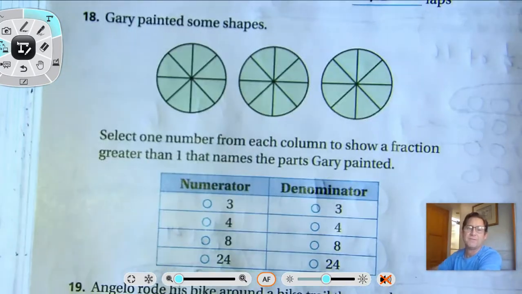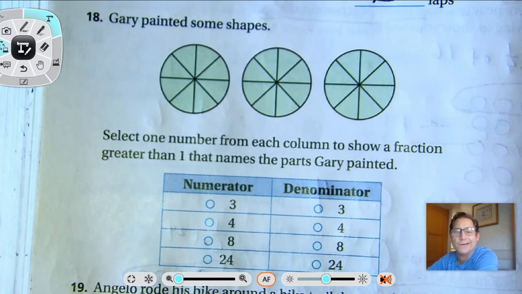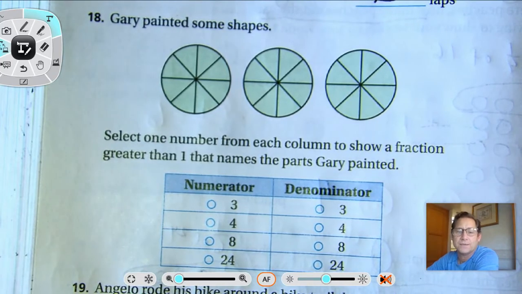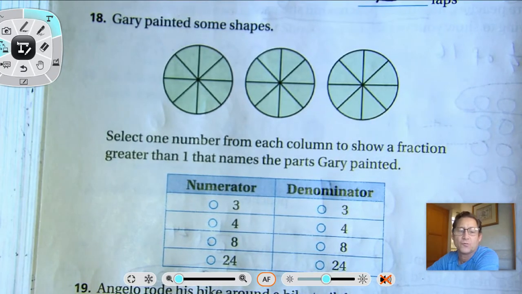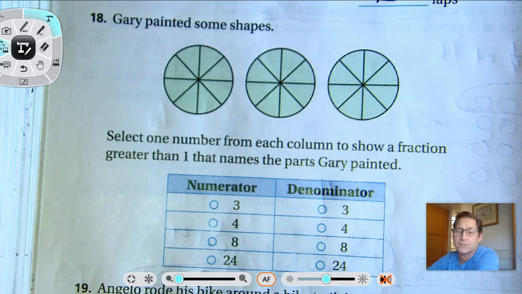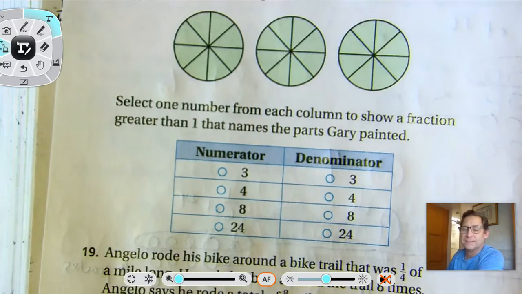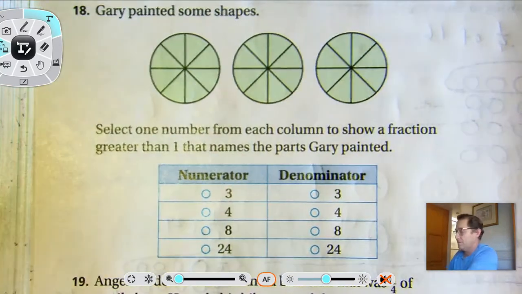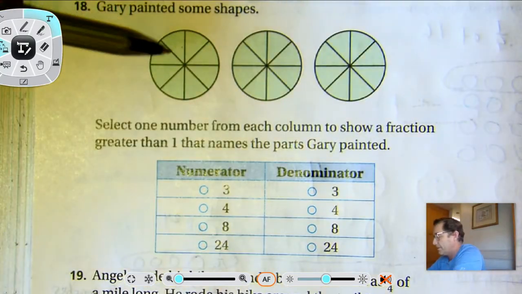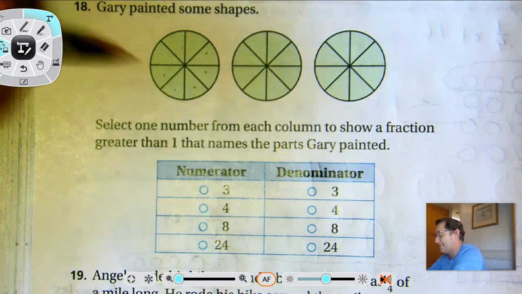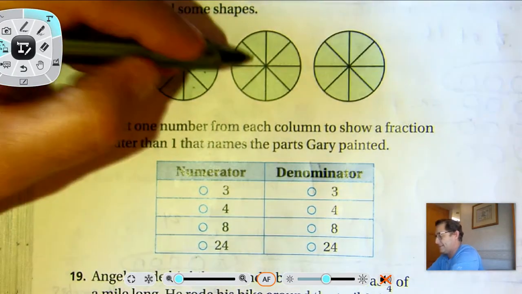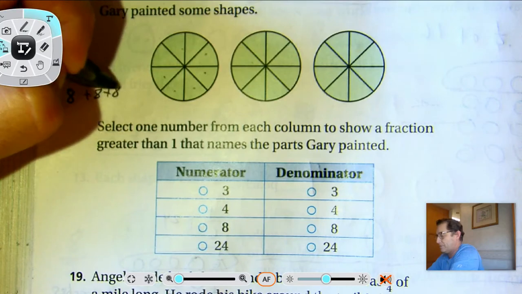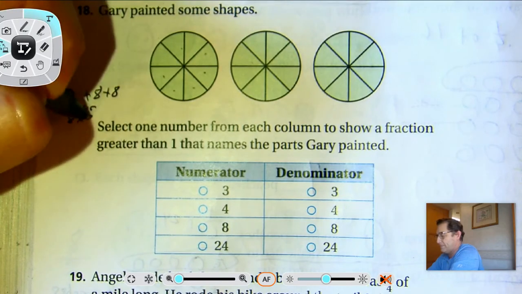18. Gary painted some shapes. All right. Select one number from each column to show a fraction greater than 1 that names the parts Gary painted. So the numerator is how many total pieces are shaded. Well, there's 1, 2, 3, 4, 5, 6, 7, 8. 8 plus 8 plus 8, or 8 times 3.